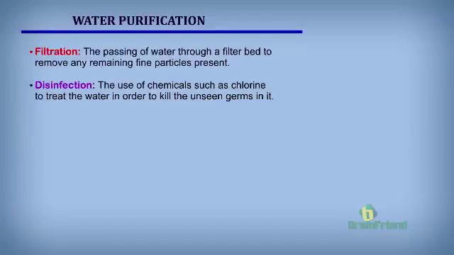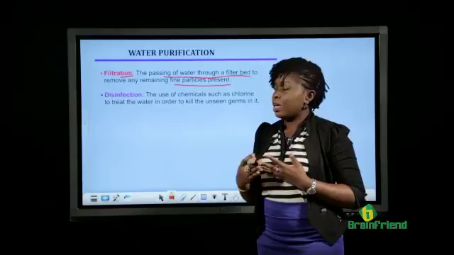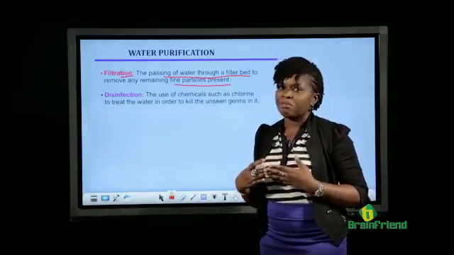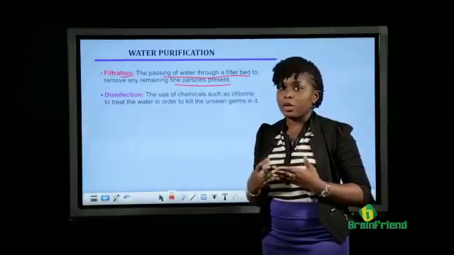After this stage of sedimentation, the next thing is filtration. This is important because there are still some fine particles that won't go off after sedimentation. So filtration is the passing of water through a filter bed to remove any remaining fine particles still present in the water. After filtration, we have a supposedly clear water.